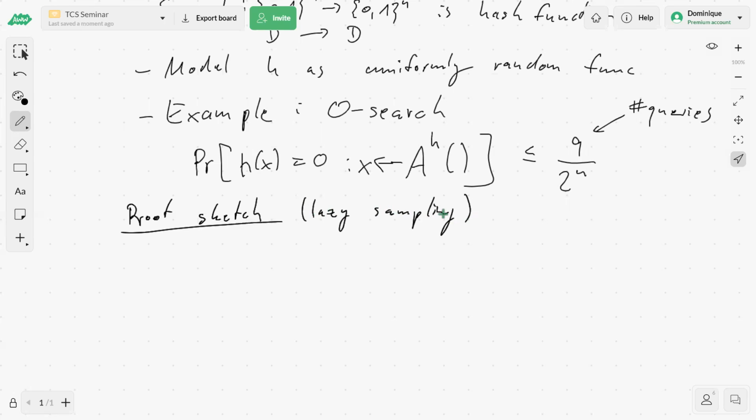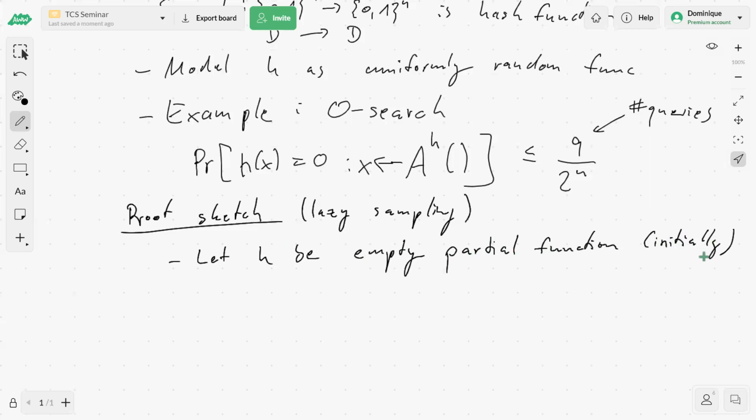In lazy sampling, at the beginning of the execution, instead of saying h is a uniformly randomly sampled function, we say that h is first a completely undefined function, or said differently, the empty partial function. This is what we do initially.